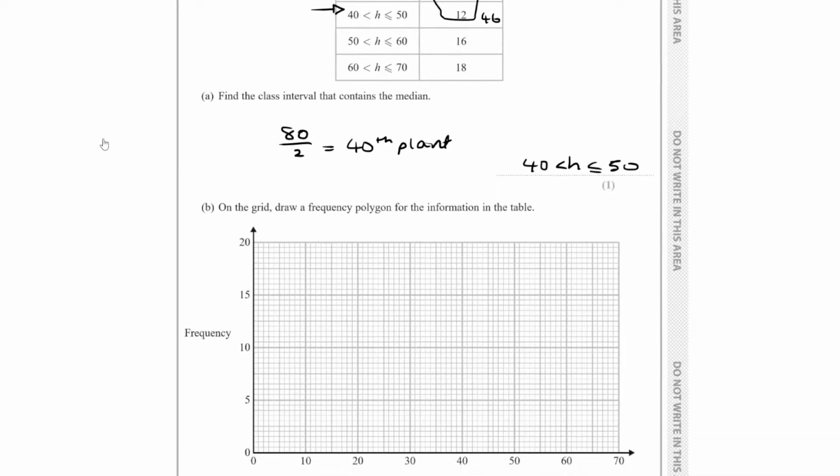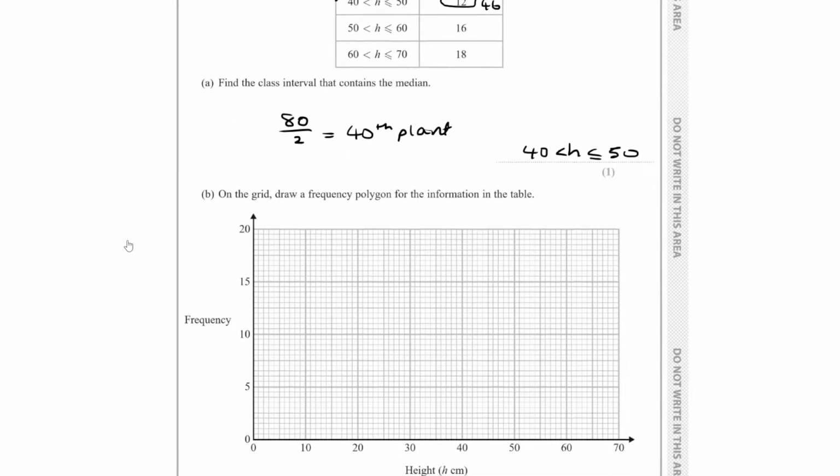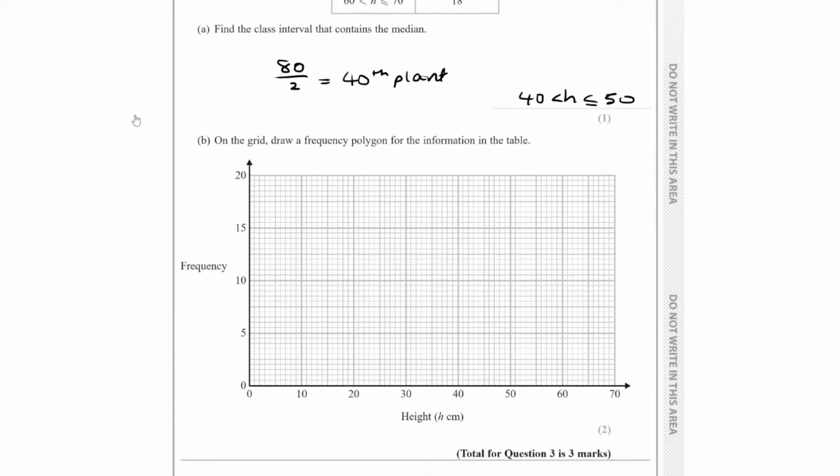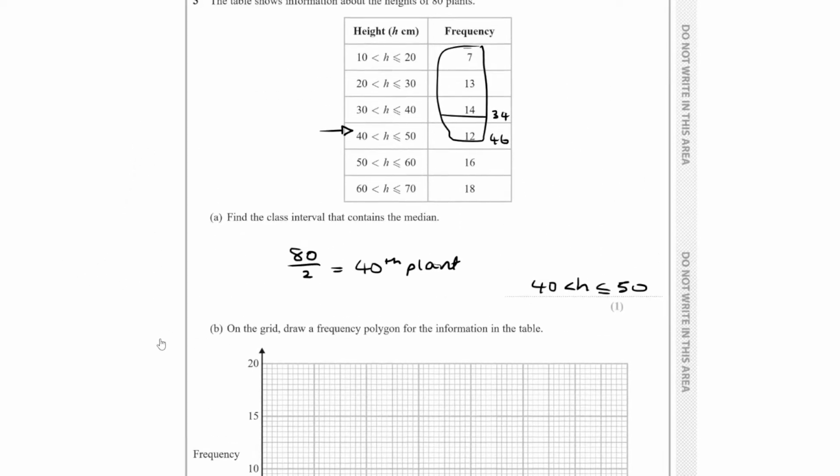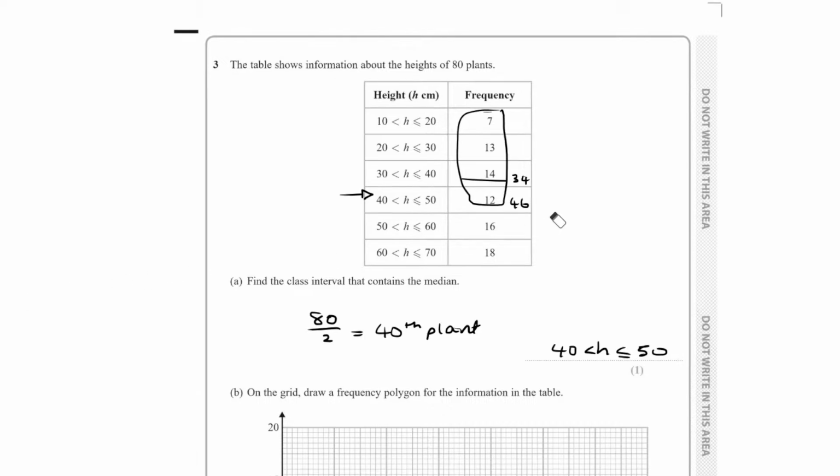Now for part B, on the grid, we have to draw a frequency polygon for this information. So let me copy my table just so that we can see it all in one place.